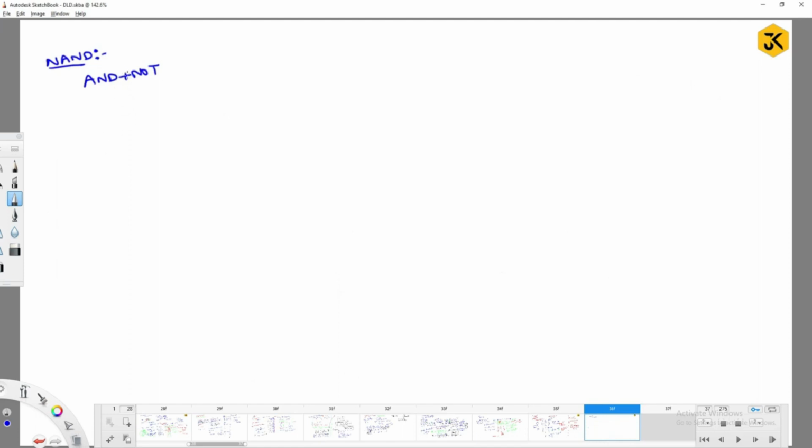Observe how we write the AND gate. AND gate is something like this. For this AND gate's output, you are going to apply a NOT gate. When you give A and B as input, the output is A into B. If you complement this, your result will be AB whole complement.